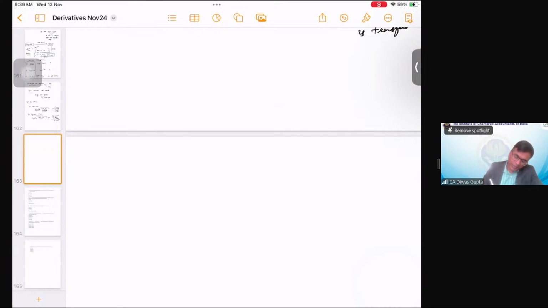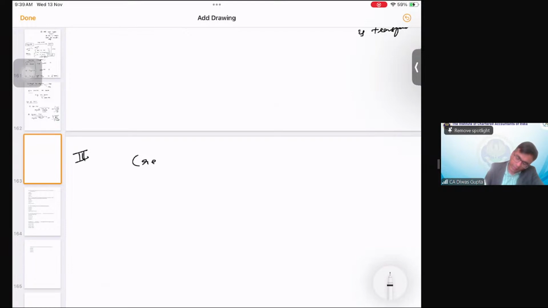Let's come to the second type of credit derivative, which is credit default swap. It's a combination of three things, students. Credit means loans given, right?